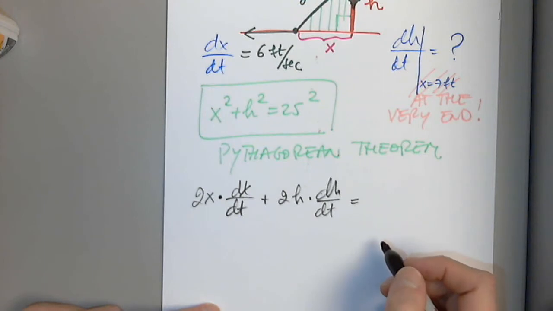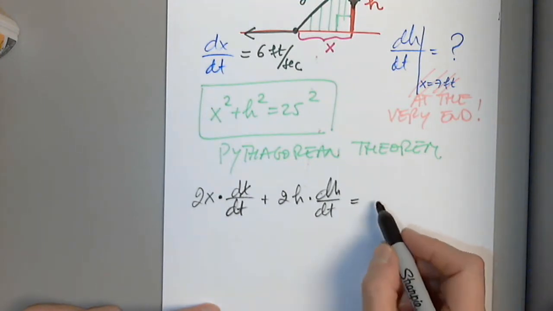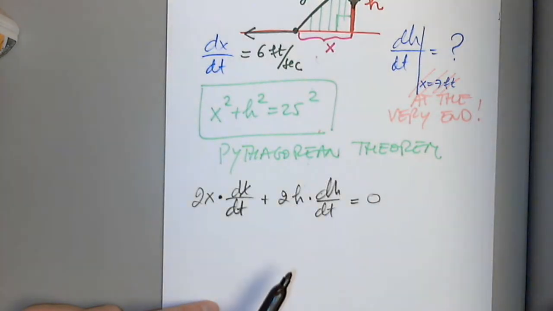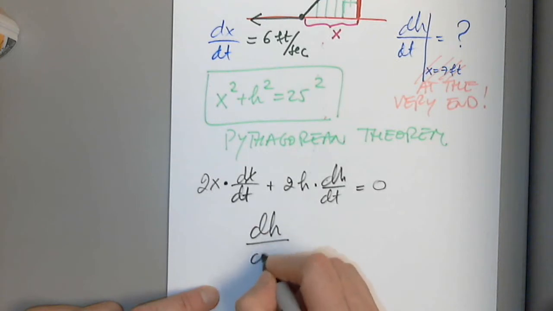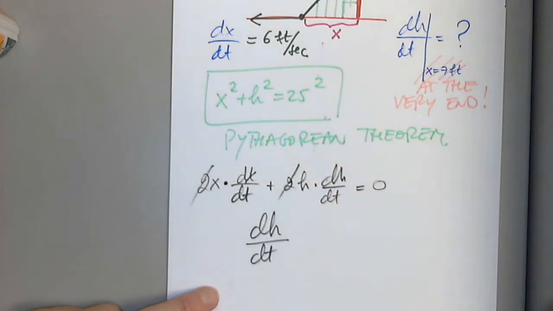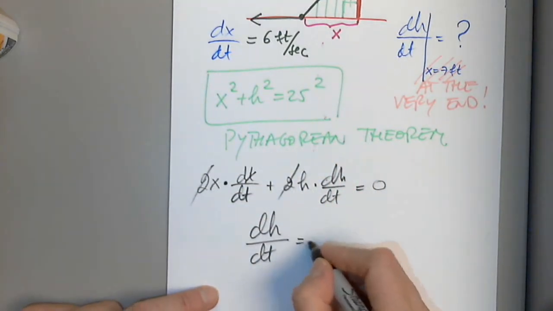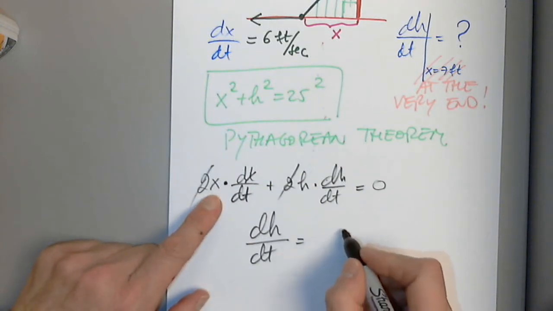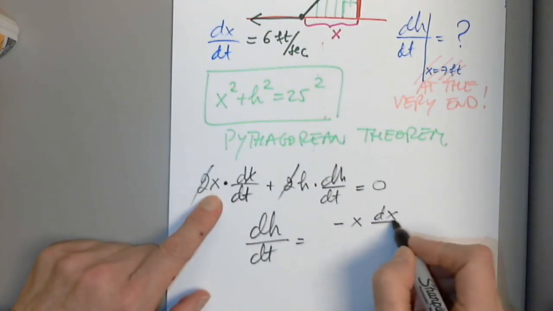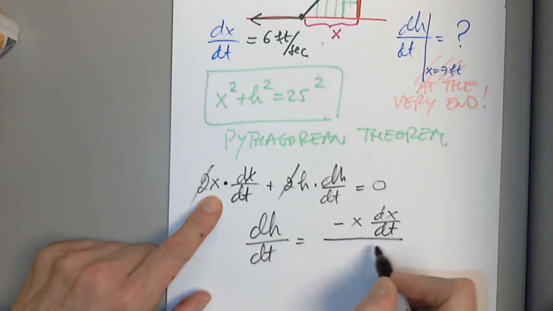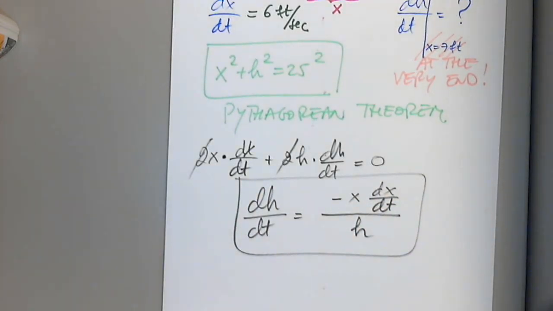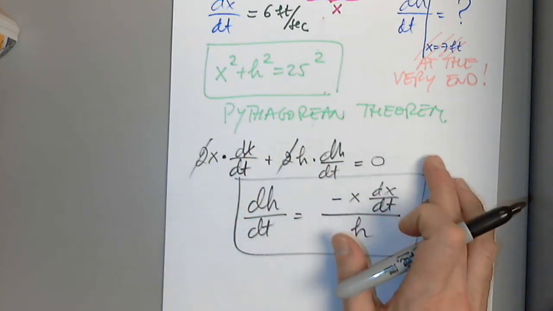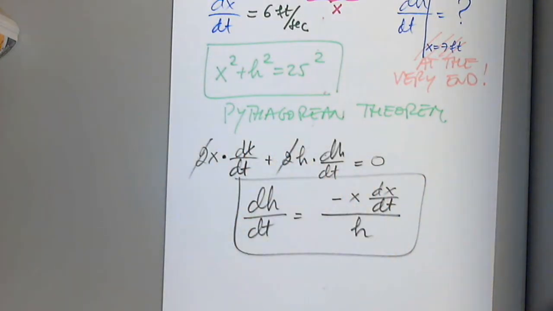And 25 squared, when I differentiate it, I get 0, right? Any constant prime is 0. That's fine. So then dh over dt, remember I will also simplify by 2, I get negative x dx over dt divided by h. I moved x dx over dt to the other side and I divided by h.